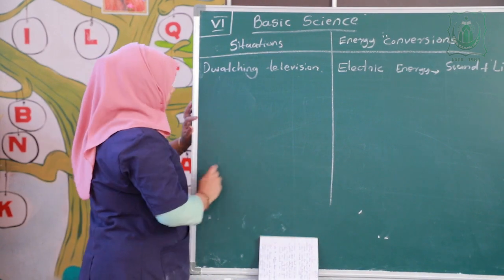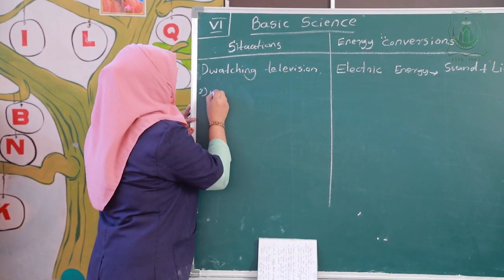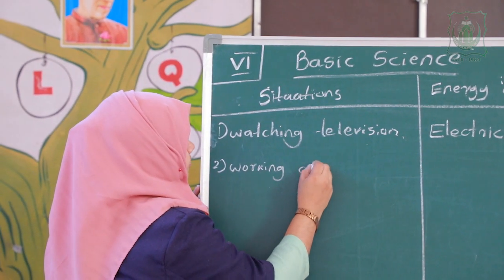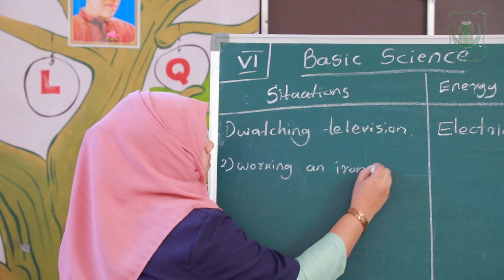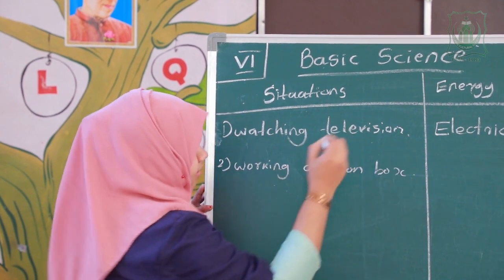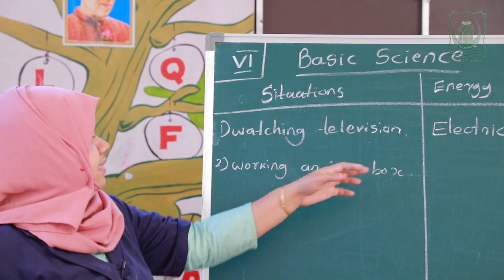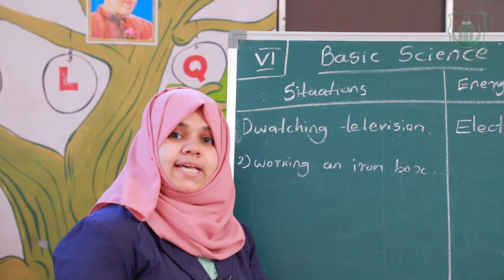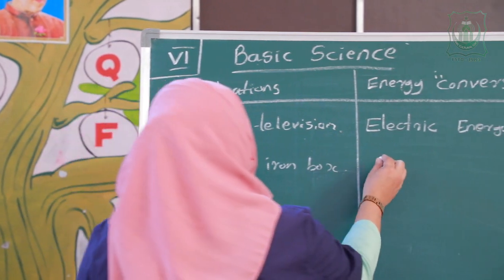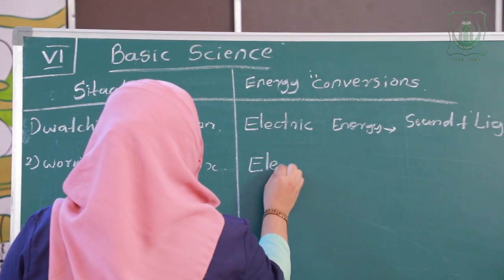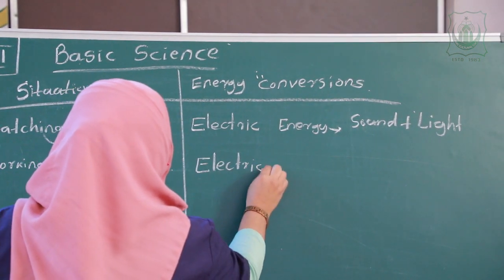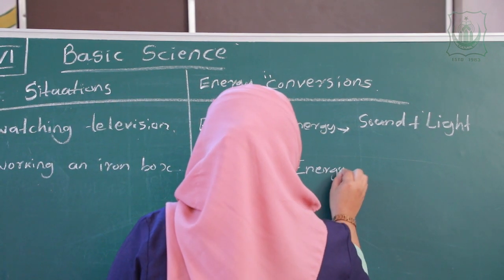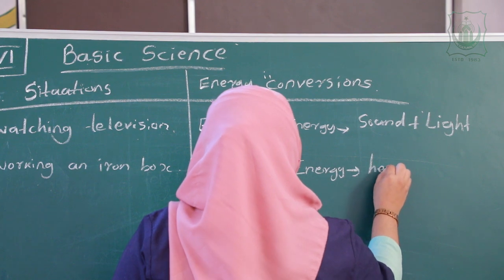Then working an iron box. Electrical energy is converted into which form of energy while working an iron box? Yes, heat energy. Electric energy is converted into heat energy.